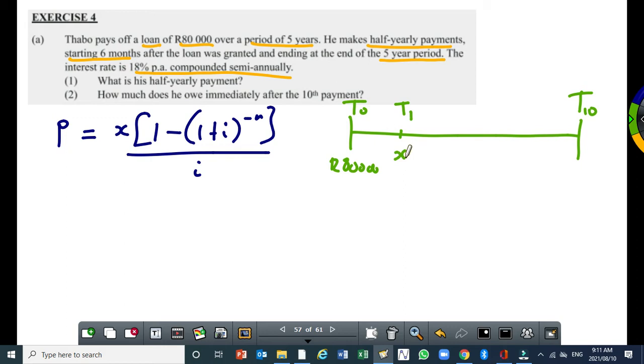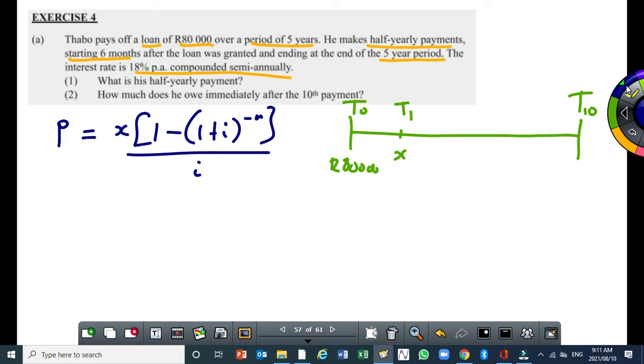That's the one we want to calculate. It was made 6 months after, which means if the person signed the paper, say on the 1st of January, by the 1st of June, he has to make the first repayment. All right? So we have got our P there.